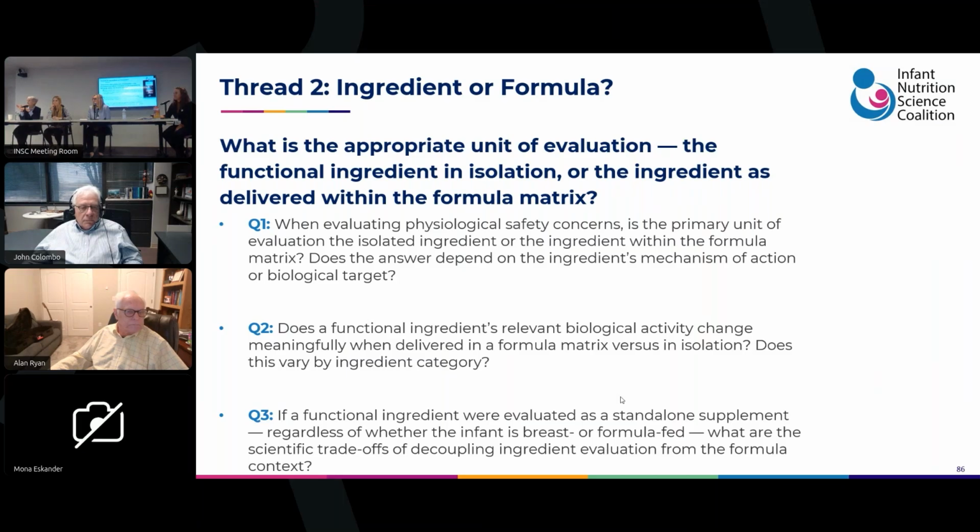In that case, it seems like you're preparing something for a GRAS submission. I don't know if that would be acceptable. You're not preparing something for an infant formula notification because you're not going to go to market with that product. So it seems you're more trying to hit the safety side of it. Yeah, because you'd eventually have to have a formula manufacturer partner.